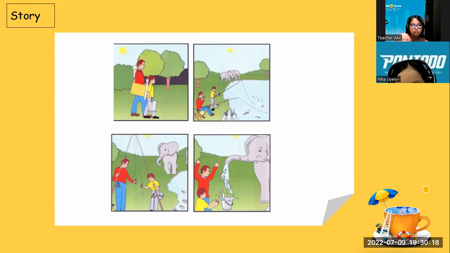there is one elephant has a water and waters in the basket.